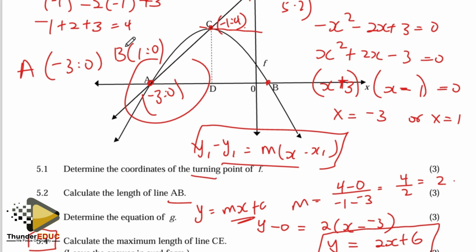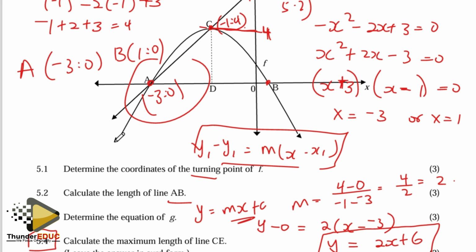So we can see that CE is basically the distance between this point C and this point E. We know that y is 4 at that point, and we know that E is 6.